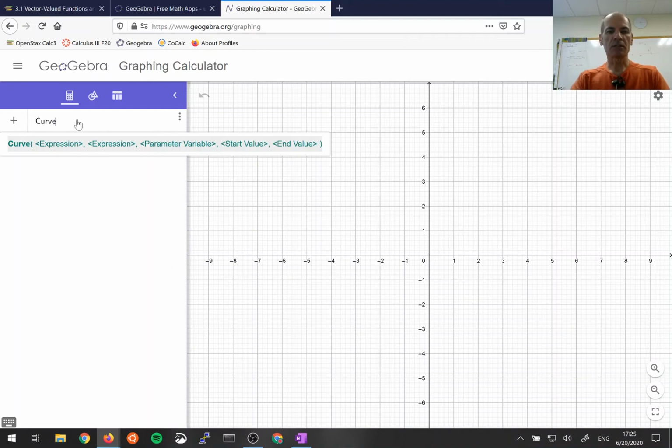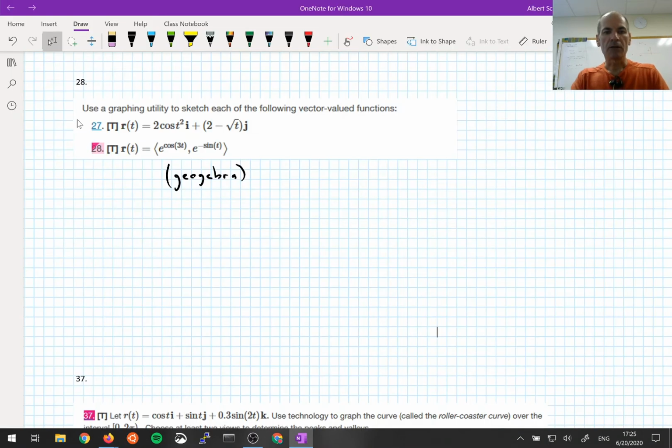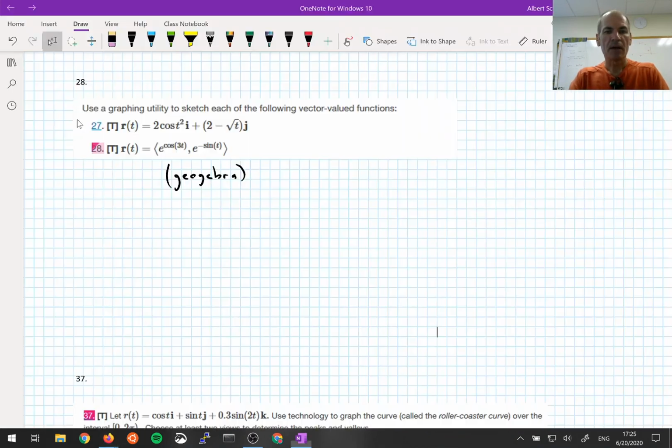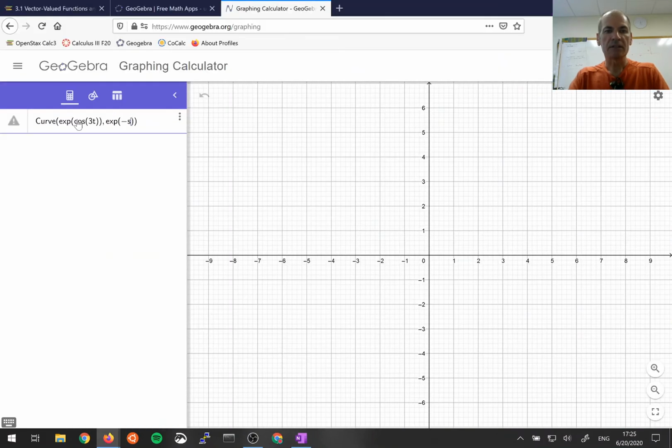So I'm going to start with this sort of strange function. It's the exponential of cosine 3t, and the exponential of minus sine of t.